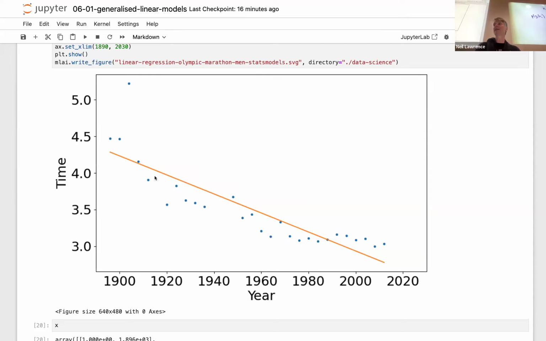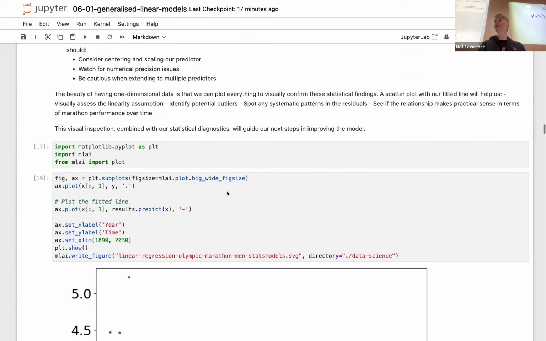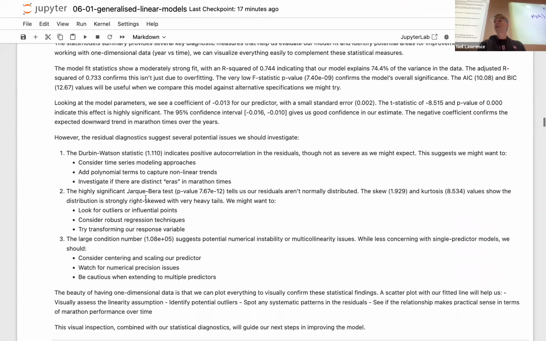Some of the statistics are indicating there are outliers, because when you look at the residual distribution, the residual distribution being the difference between the prediction and these values, it says there's skew. The highly significant Jarque-Bera test tells us the residuals are not normally distributed, right? And given the assumption in the model that the noise is Gaussian, that can be a problem.